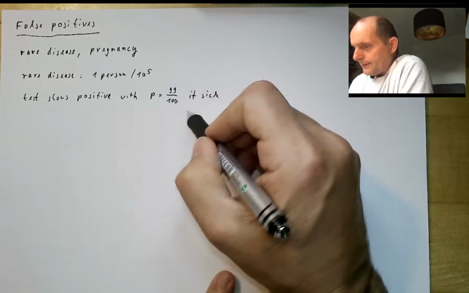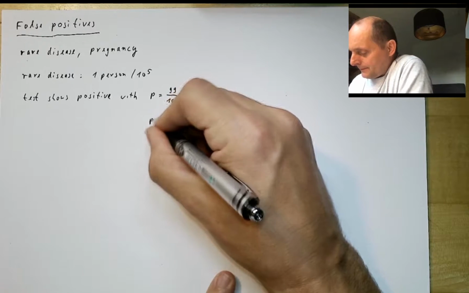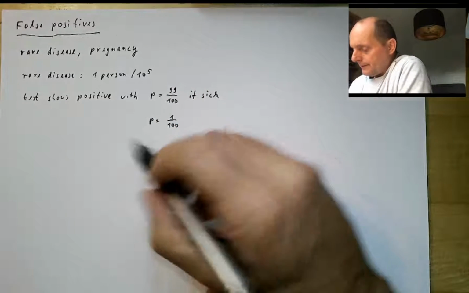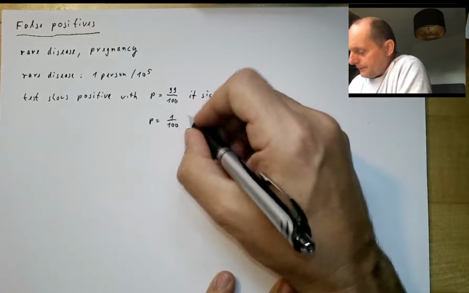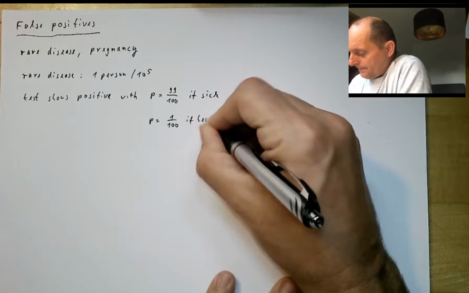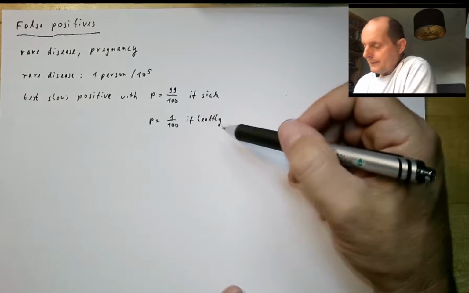So then the test is okay. But sometimes, with 1%, the test shows positive even though the person is healthy. That's the question on corona with these antigen tests.